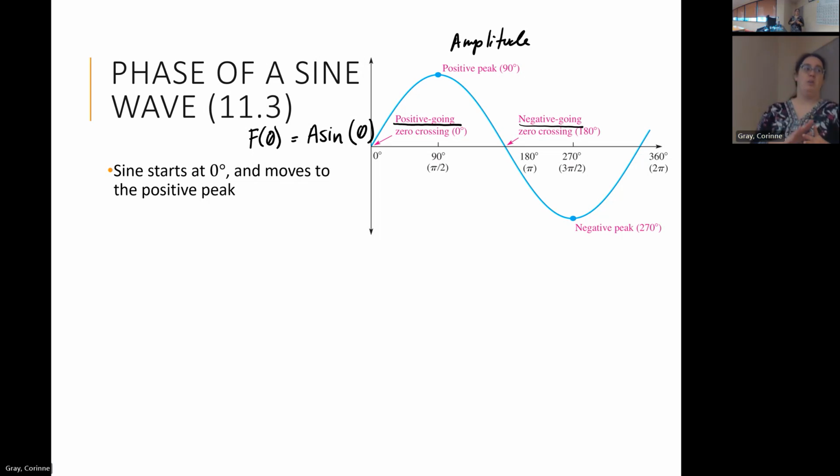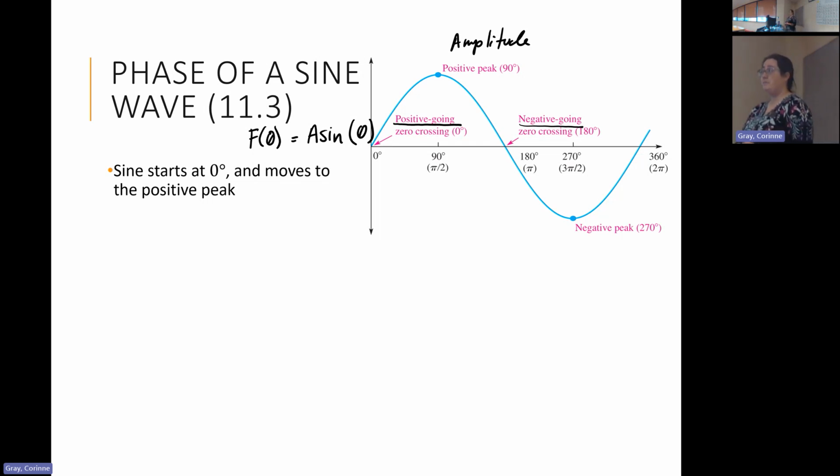You're going to have to be careful reading your questions to understand what they are asking you to do. For the parts between 90 and 180 and between 270 and 360, typically the wording is going to be a little bit different.